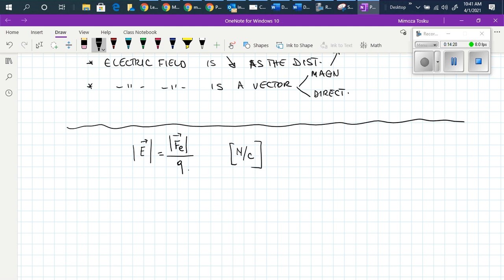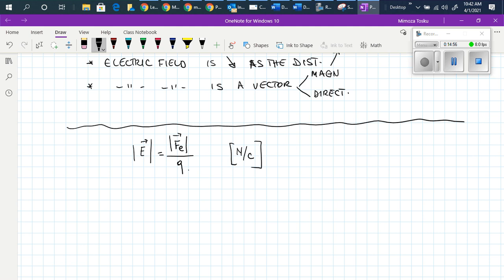One is that you are dealing with a vector which has magnitude and direction. So the magnitude is calculated in one way and the direction is figured out in another way. When we know the force and the charge that we are placing into the field, then we use this formula.